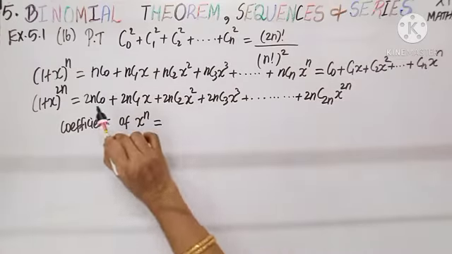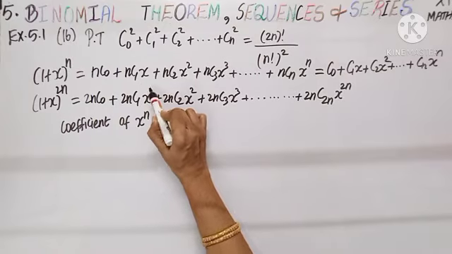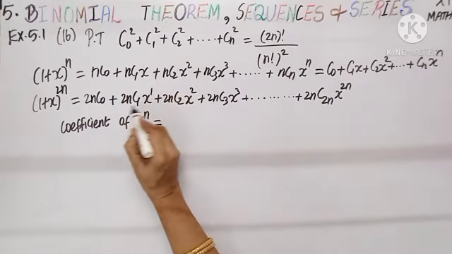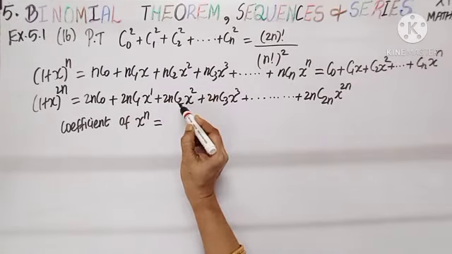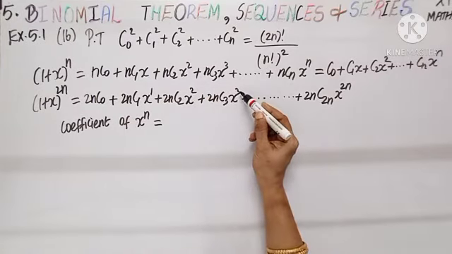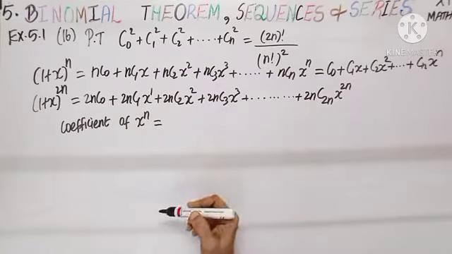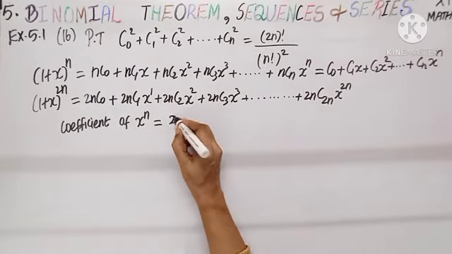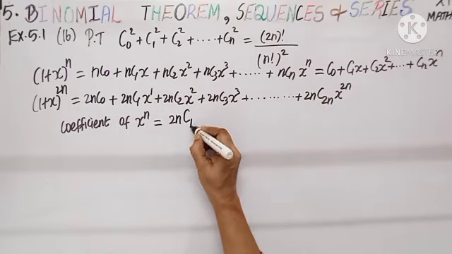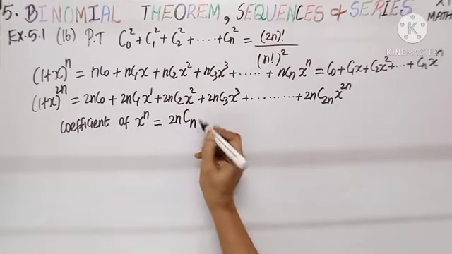Check. If it is power 1, 2nC1 is coming. If it is power 2, 2nC2. If it is power 3, 2nC3. So if I want x power n, it will be 2nCn. How will I expand?